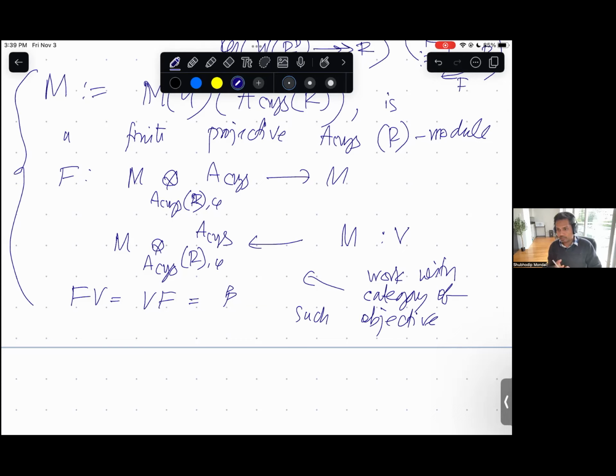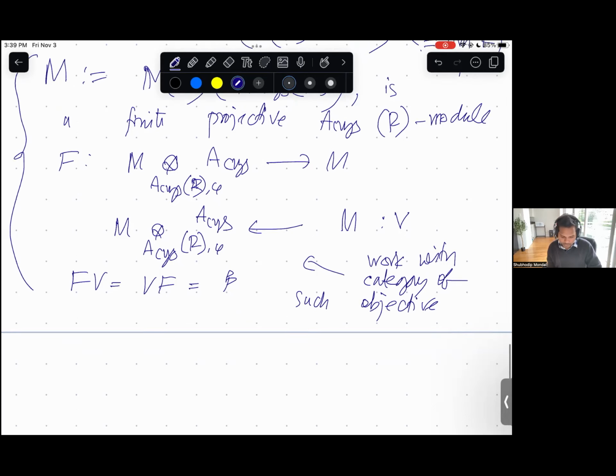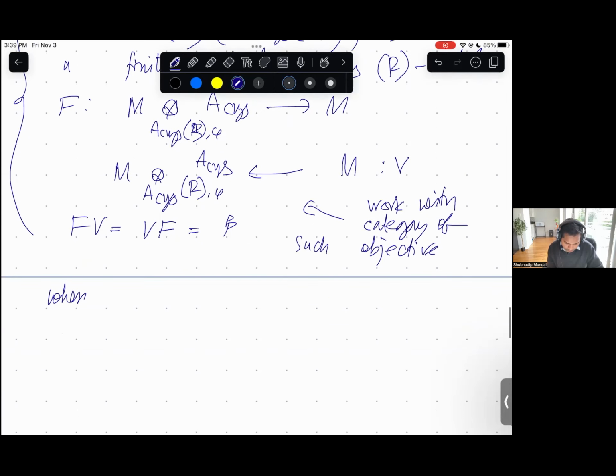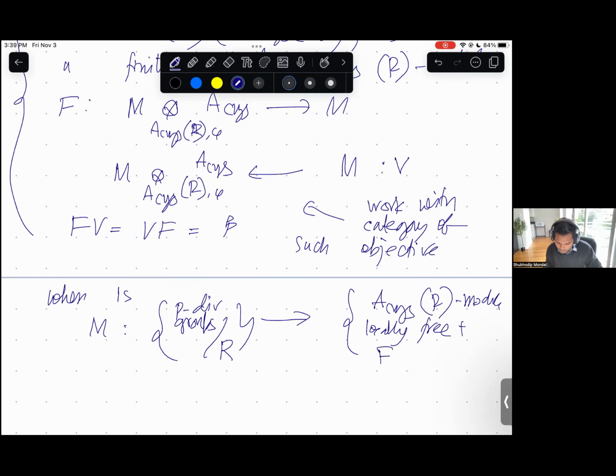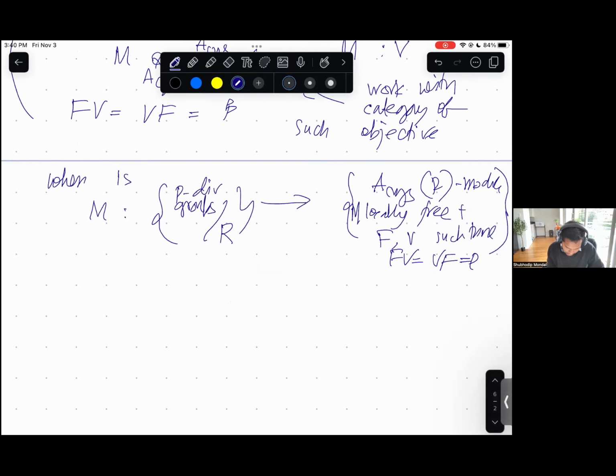And then one can study a very similar question of when this functor M is fully faithful, from the category of p-divisible groups over R to A_crys(R) modules that are locally free, equipped with F and V. When is this fully faithful?